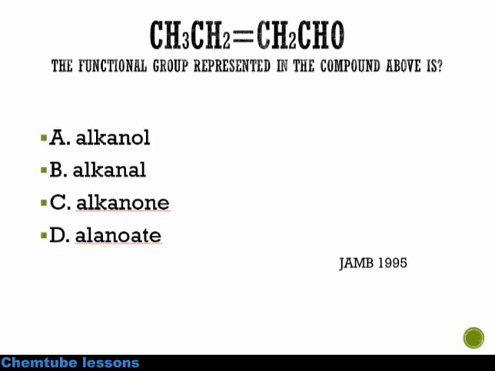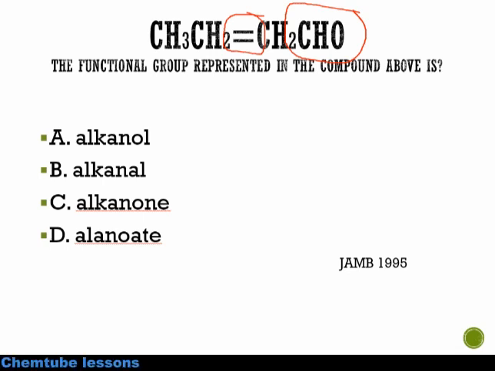So now the functional group present in the compound above is, so this compound, if you look at it, it might be deceiving. If you look at this, you are seeing two functional groups. One of them is the double bond, and one of them is the carbonyl group. So now, there is something we call order of priority.